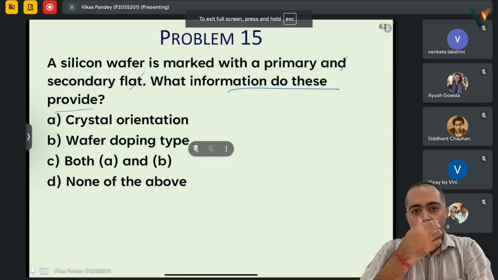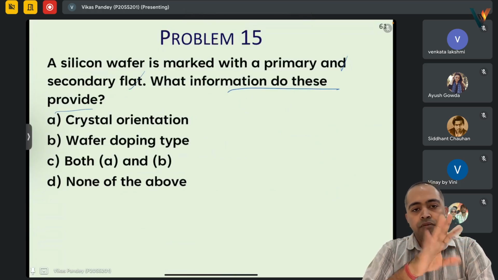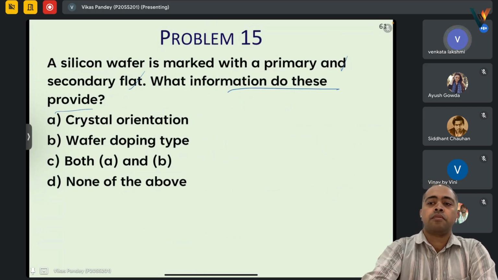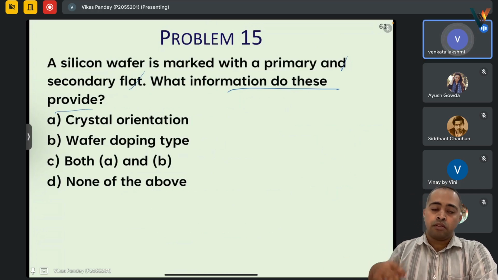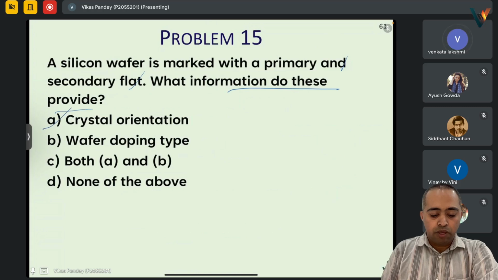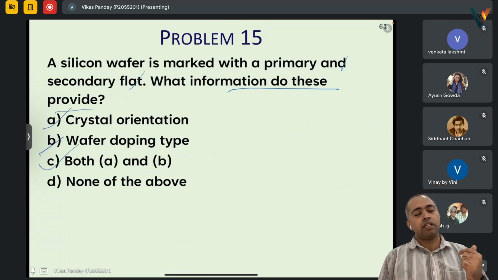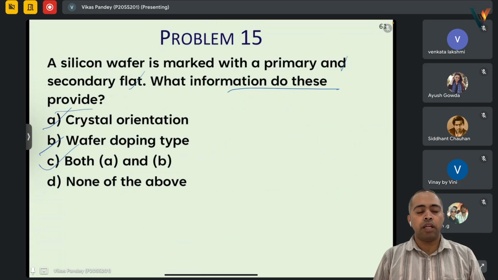In fact, I think in today's lecture we have discussed this two times. Yes, crystal orientation and doping type also. Yeah, both. Because by seeing the positions, we can say whether it is 100 or 111 type, or whether it is P type or N type.